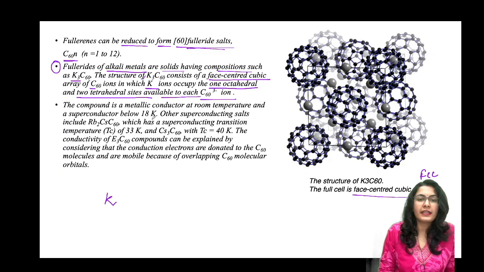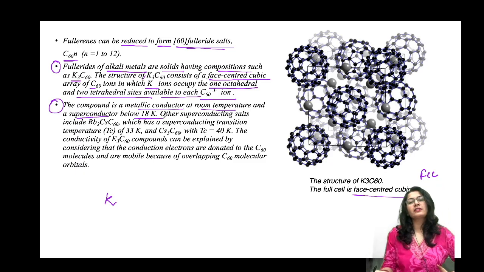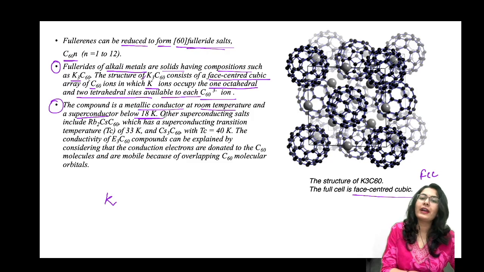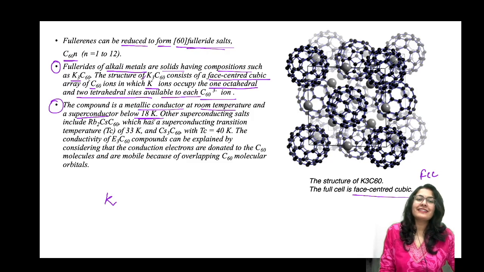Okay, yeah. The compound is a metallic conductor at room temperature and a superconductor below 18 K. So, when you are studying a strange compound, you should know why you are studying this. So, these are some of the properties. It is a metallic conductor at room temperature and a superconductor below 18 K. That's why maybe it is very important.